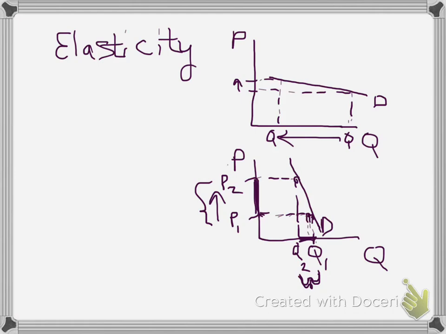Elasticity is something different from slope. So don't say, oh, well, it's just the rate of change at that point. That's part of it, but elasticity is a little bit more.